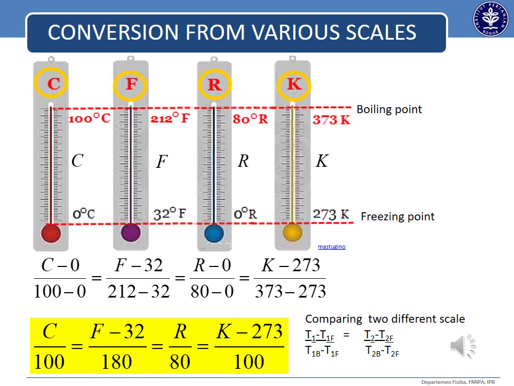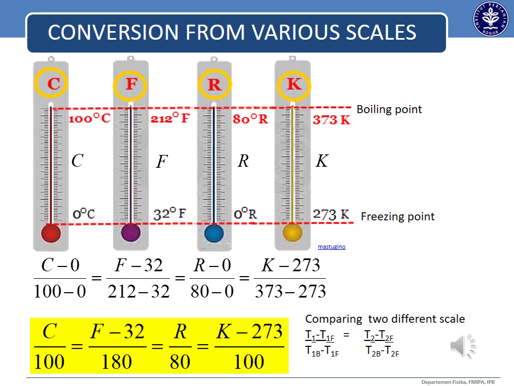Suppose 1 is the Celsius scale. So the temperature in Celsius, T1, minus the freezing point of Celsius, T1F, which is 0, divided by T1B minus T1F, the boiling point of the Celsius scale, which is 100, minus the freezing point, which is 0, equals, suppose T2 is the temperature in the Fahrenheit scale, T2 minus the freezing point in the Fahrenheit scale, 32 degrees, divided by T2B, the boiling point in the Fahrenheit scale, 212, minus T2F, the freezing point in the Fahrenheit scale, which is 32.